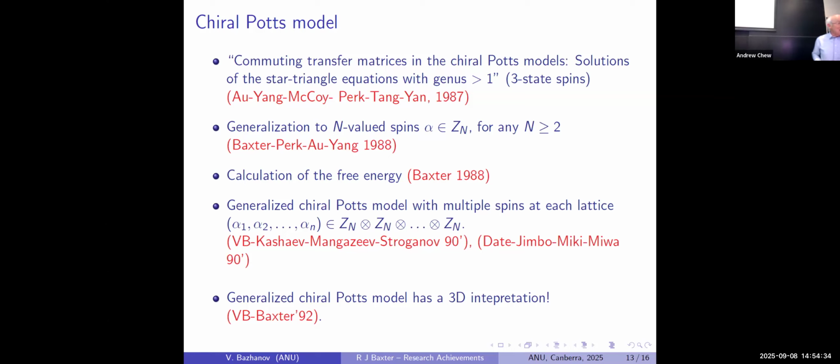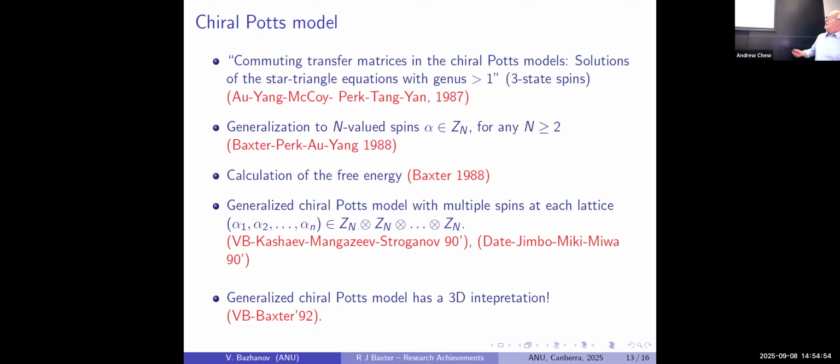And Rodney with Perk and Yan immediately generalized this. In McCoy's work it was a 3-state model, but they generalized it for an arbitrary number of states.